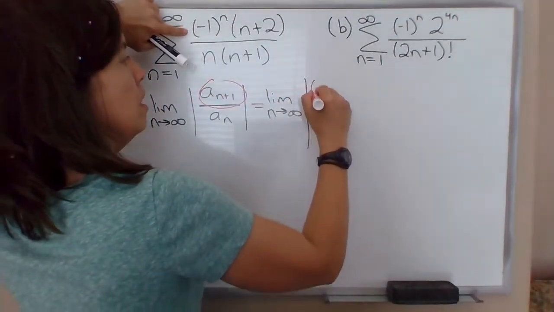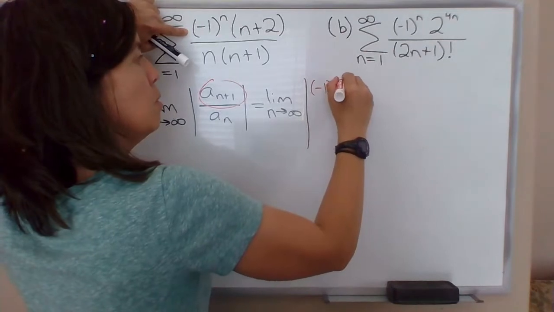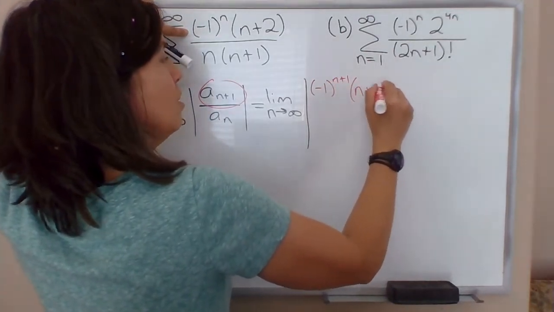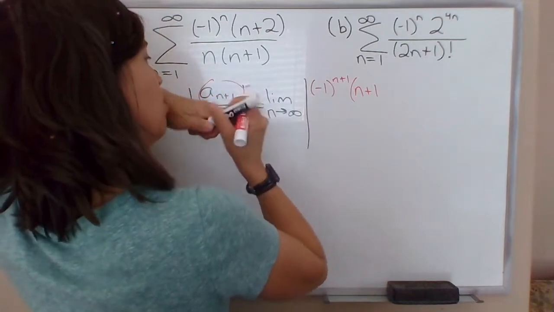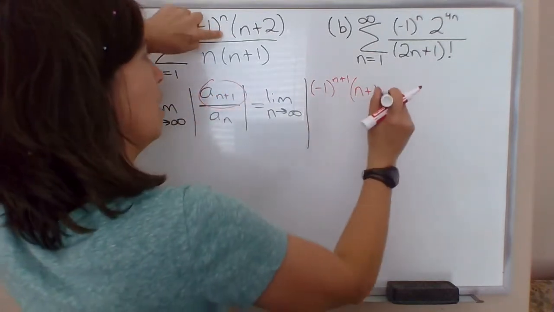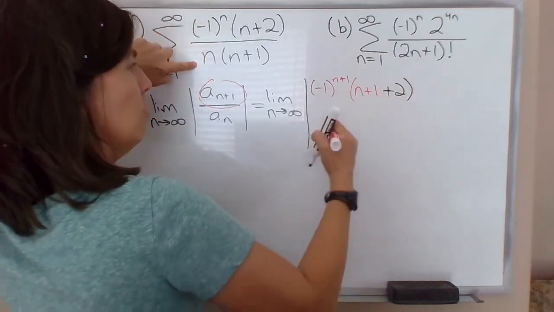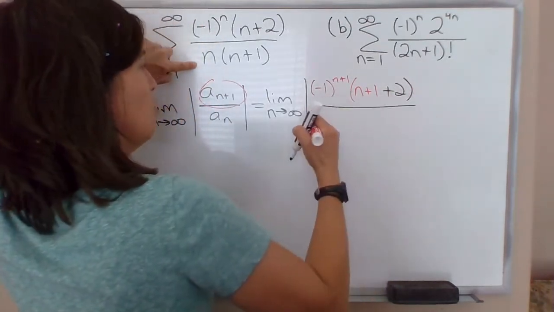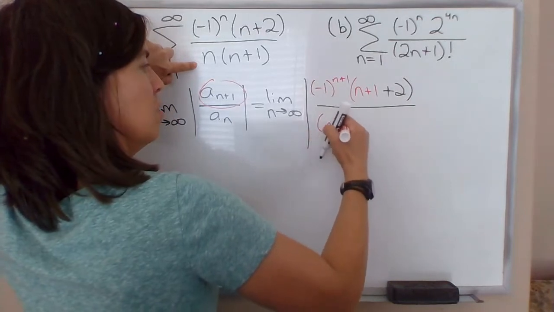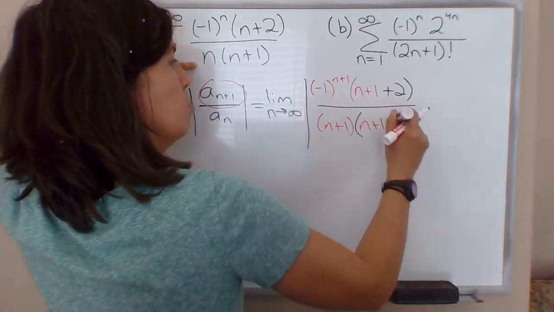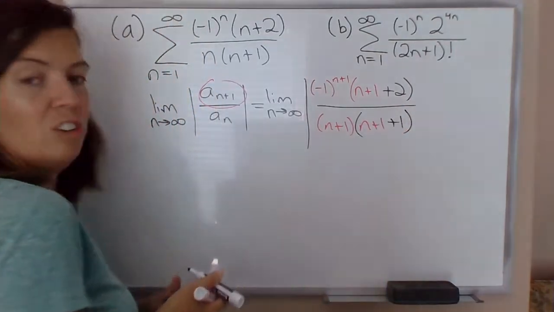So this will be negative 1 to the n plus 1 times n plus 1 plus 2, over n plus 1 in place of this n, and then n plus 1 plus 1. There. So there's your a n plus 1.